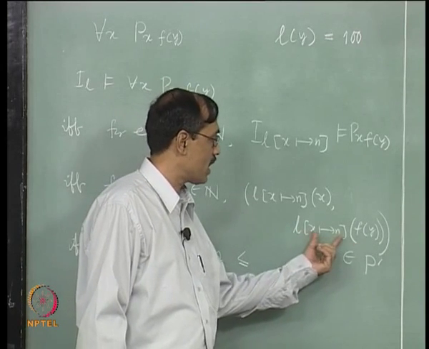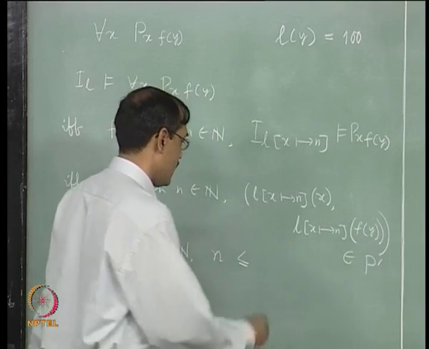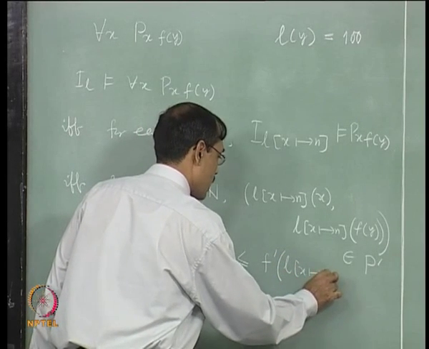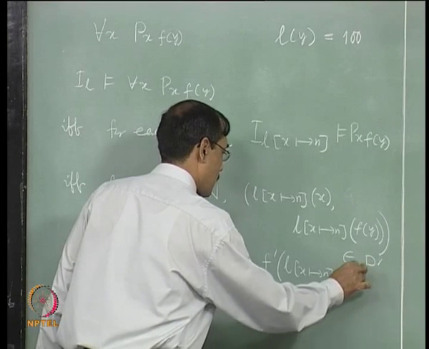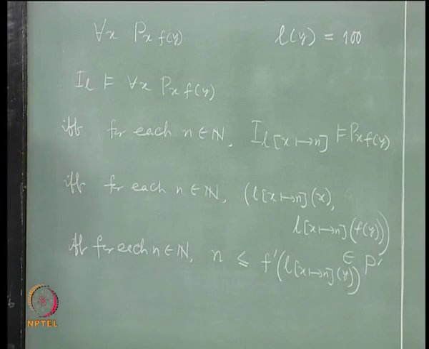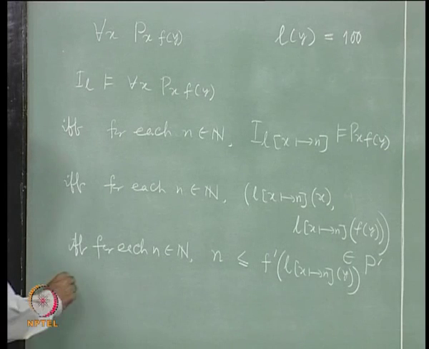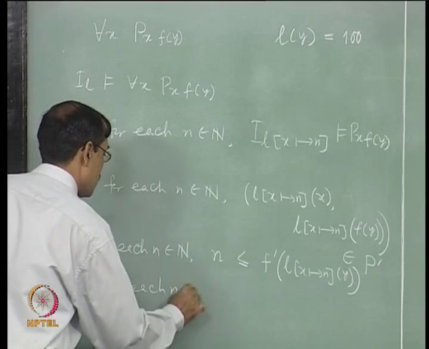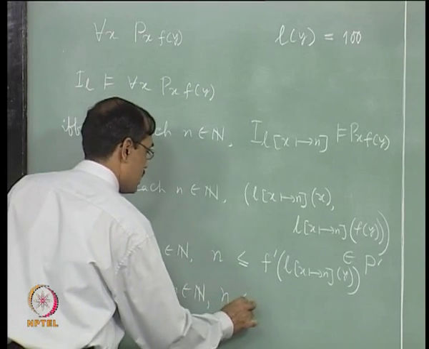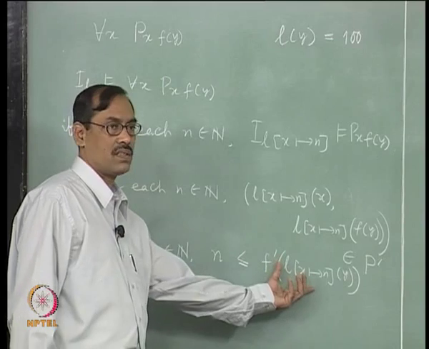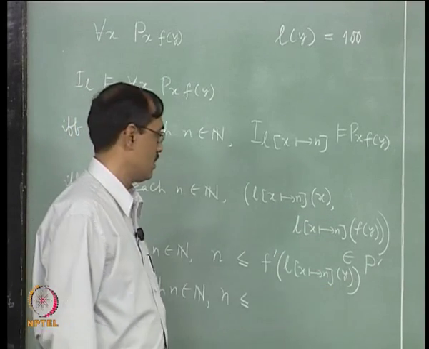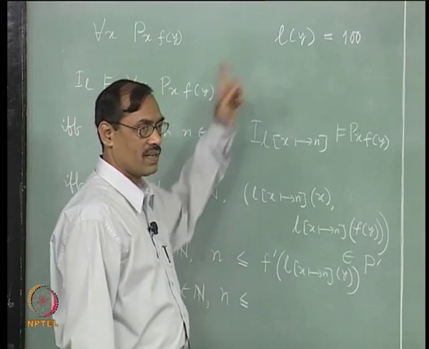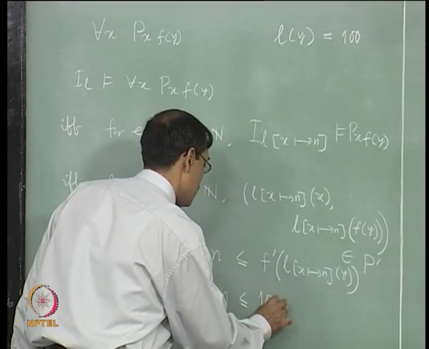L x fixed to n of f of y. So, that is again f prime of L x fixed to n of y, right. So, that gives for each n in N, n is less than or equal to, now f prime means just whatever its argument plus 4. Now, this L x fixed to n of y is L of y, which is equal to 100, that is why this is 100 plus 4.